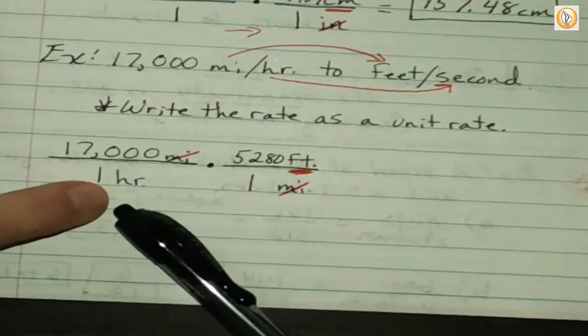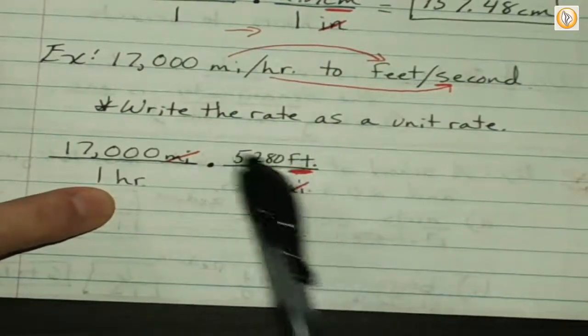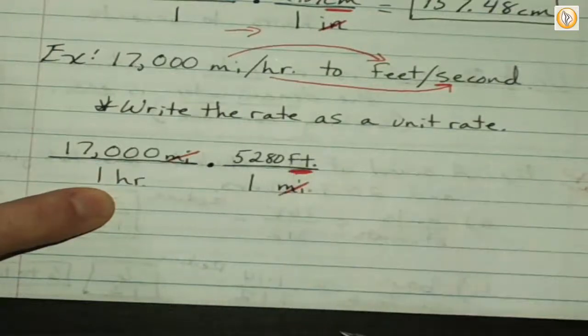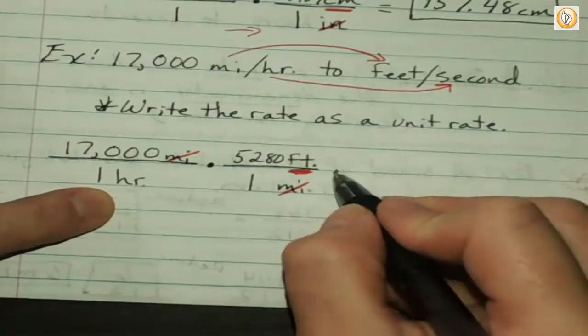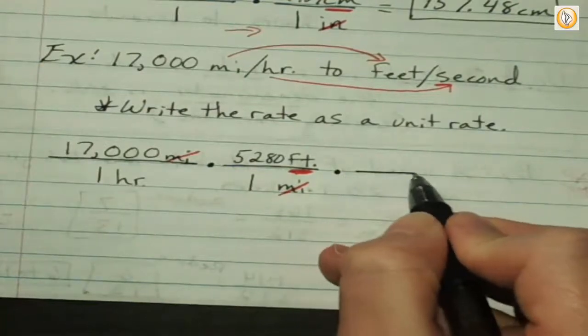But we still have our hours. Before I move on, does everyone understand how we did this part to go from miles to feet? Y'all understand that? Okay, I'm going to do another multiplication bar.